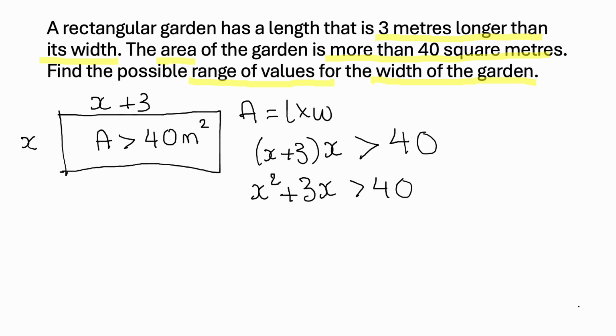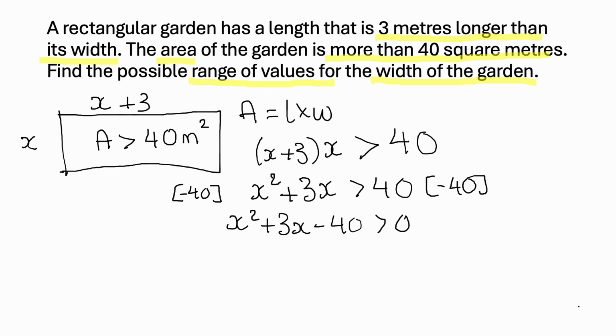Next we are trying to form a quadratic inequality, meaning that this 40 on the right hand side needs to turn into a 0. So in order to eliminate this 40, we subtract it on both sides. So we get x squared plus 3x minus 40 is greater than 0.